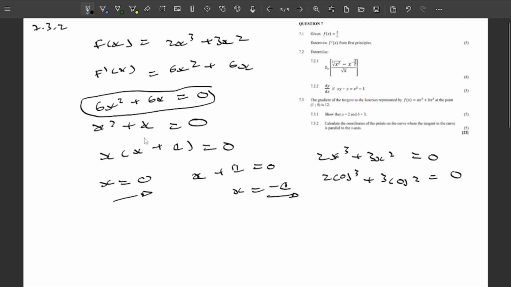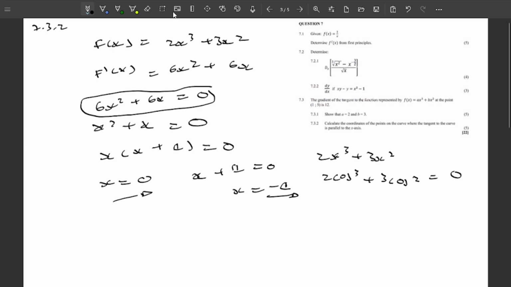The answer is just 0, because 0 cubed is 0 and 0 squared is 0. It's also not necessary to write this side because we have the x values. If you like, you don't have to do it, but it's fine.